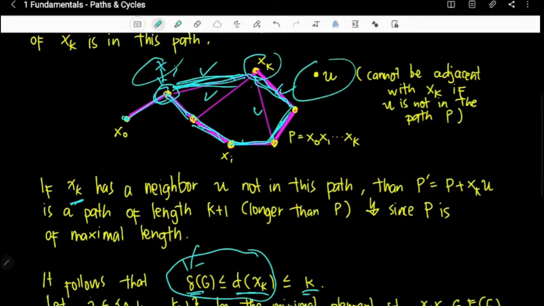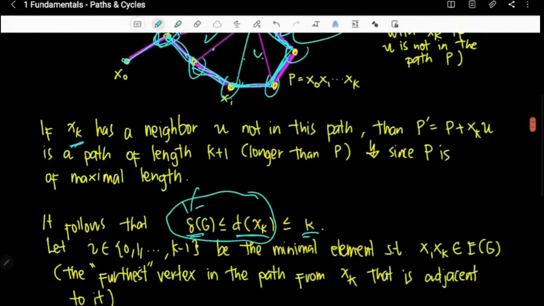For example lang, kung lahat na to neighbor. So, 1, 2, 3, 4, 5. Kung lahat yan neighbor. So, 5. Yung path, yung length, 1, 2, 3, 4, 5. Plus yung 1. Kaya, delta G plus 1.